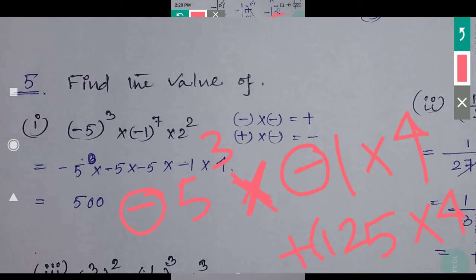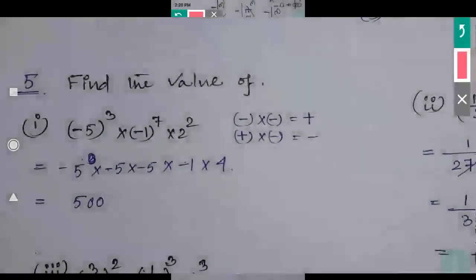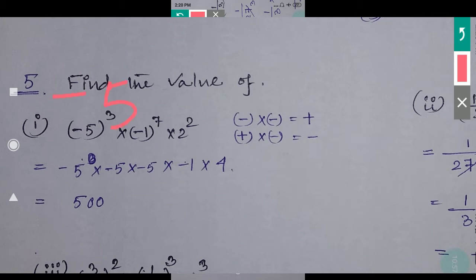So this one you have to do, you have to do the multiplication. Again I am explaining. If I multiply (minus 5) whole cube, then you will get minus 5 cube, then minus 1 power 7, then 4. Minus 5 cube means how much? Minus 125.